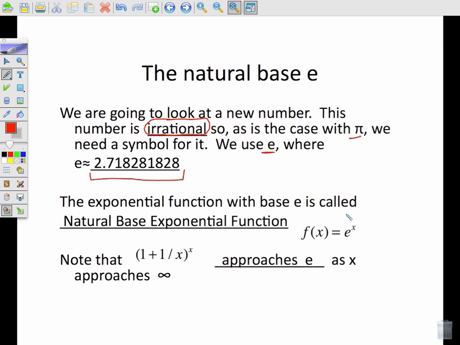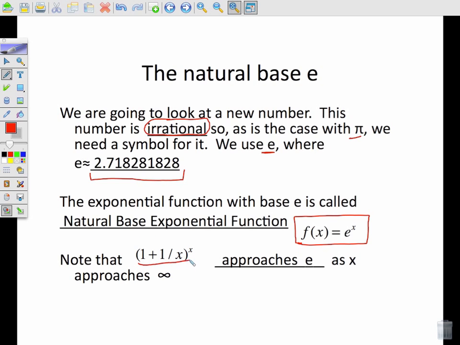The exponential function with base e is called the natural base exponential function. It is f of x equals e to the x. Note that (1 plus 1 over x) to the x, so this is an exponential growth here.